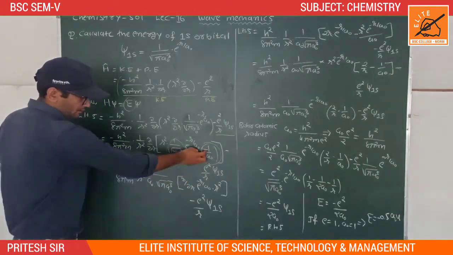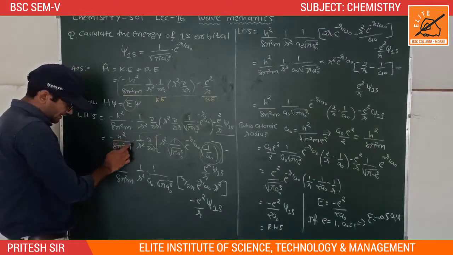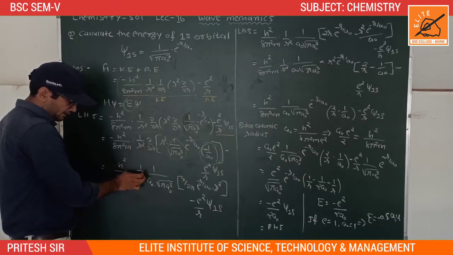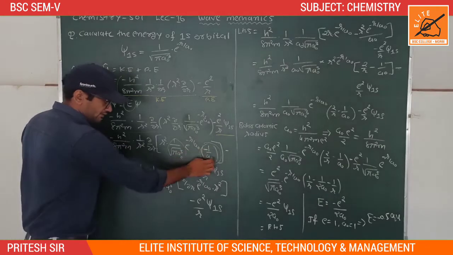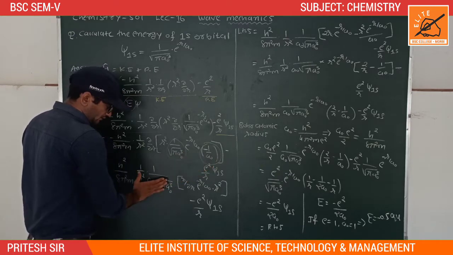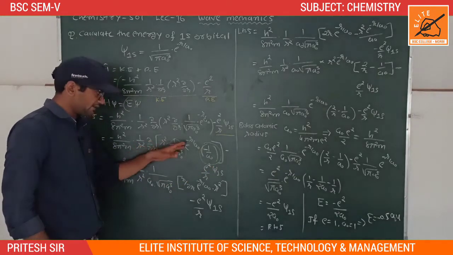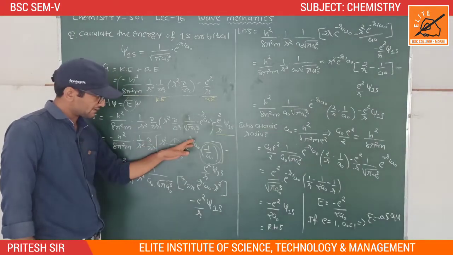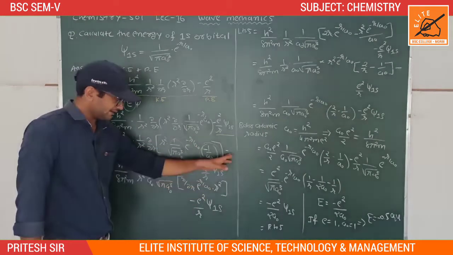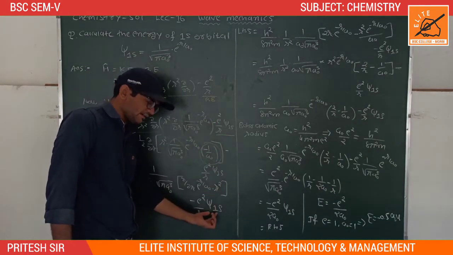At that time minus will become plus. Okay, so a square upon 8 pi square m, 1 upon r square into 1 upon a0 and 1 upon pi under root pi a cube, both are constant, so they go outside of the differentiation. Okay, so differentiation of r square into e to the power minus r upon a0, and minus, this is the potential energy term, so it will remain as it is.